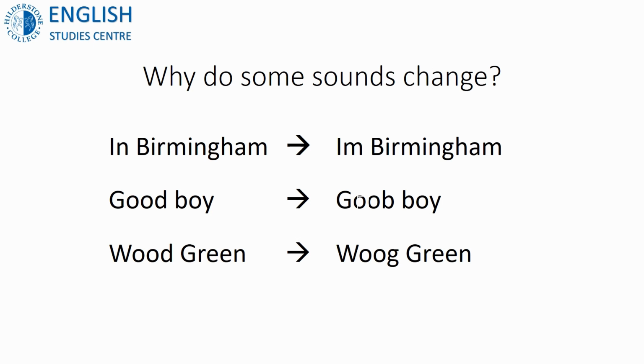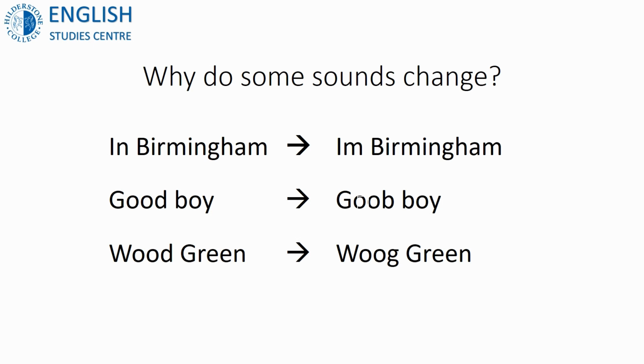Now we've got the same idea, but with a different example coming next. If you've ever stayed with a British family and they had a dog and their dog was male, you probably heard the family say to their dog, "Good boy, who's a good boy?"